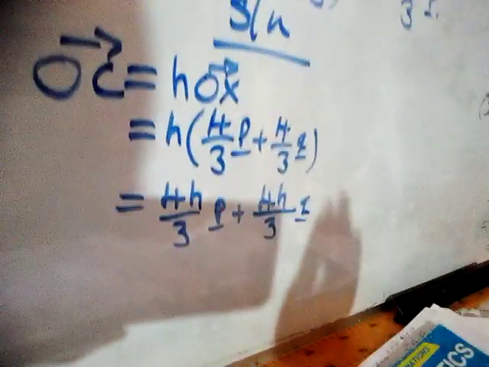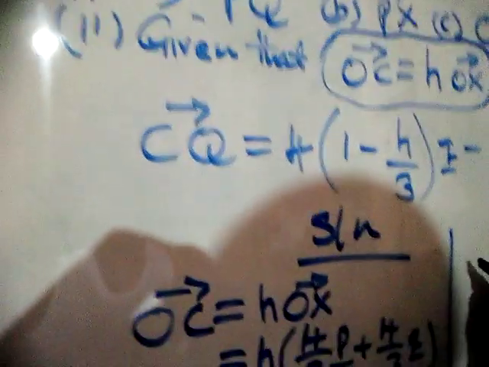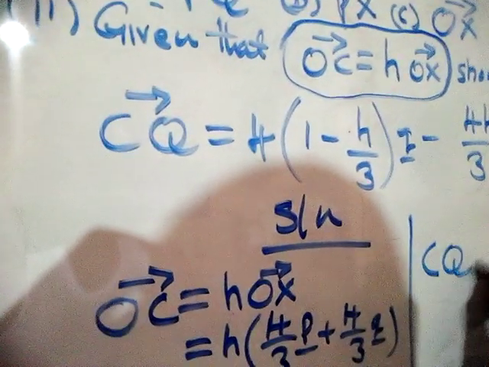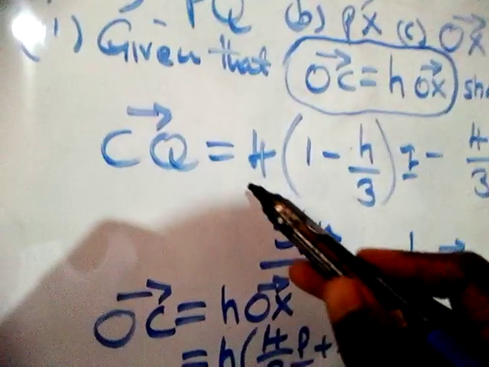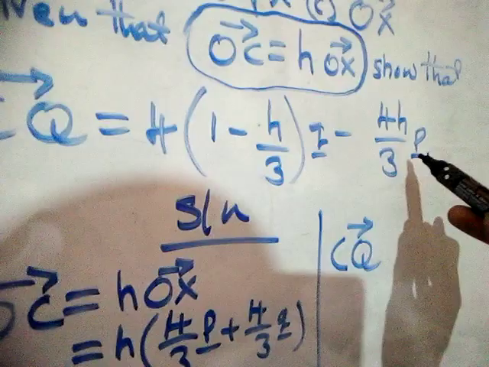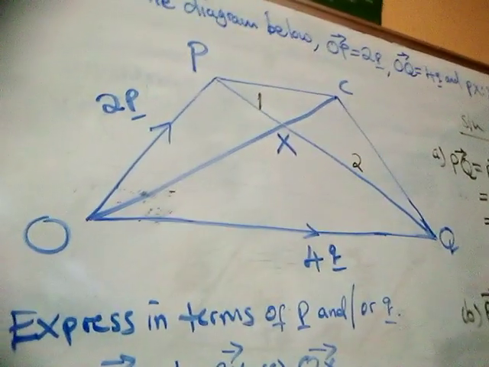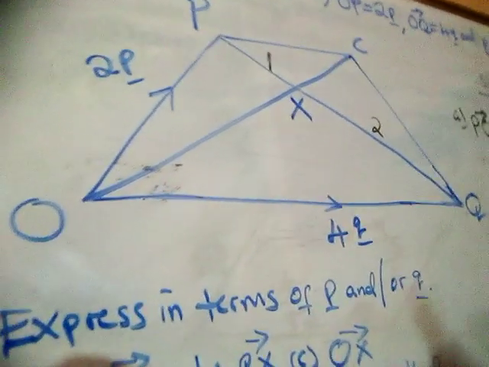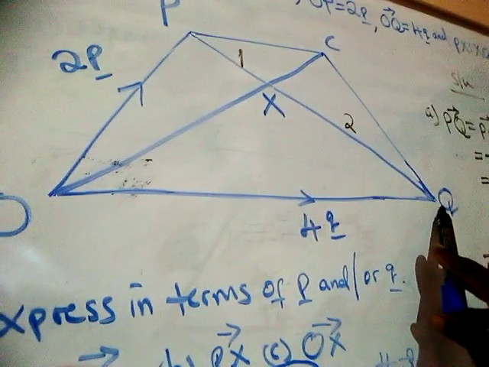Now we want to show that vector CQ is actually this expression here. It's a question of asking ourselves, how do we get to Q from C? How?